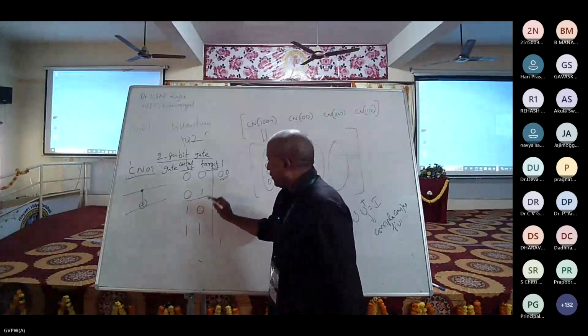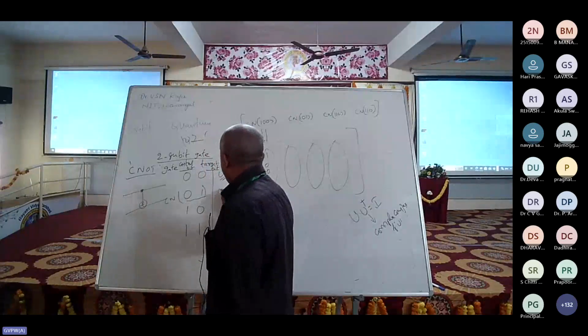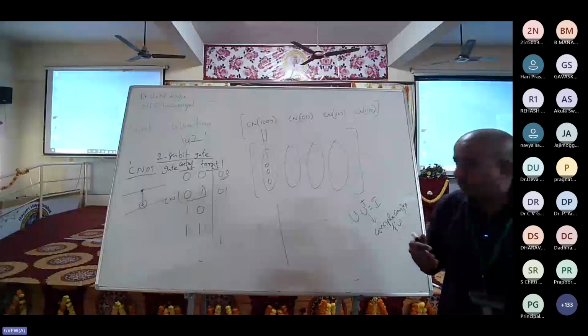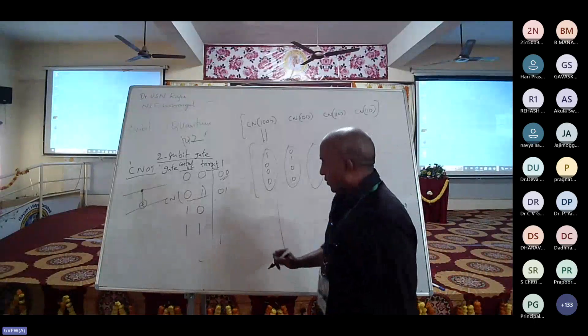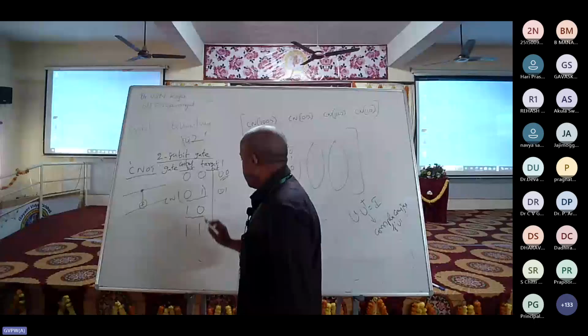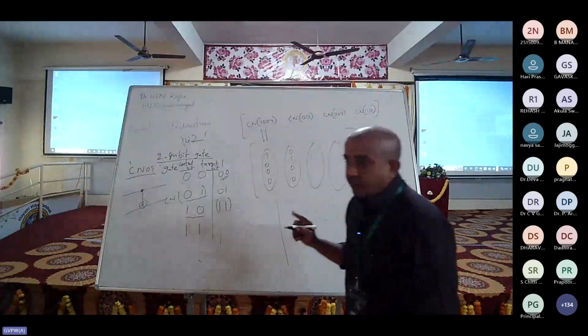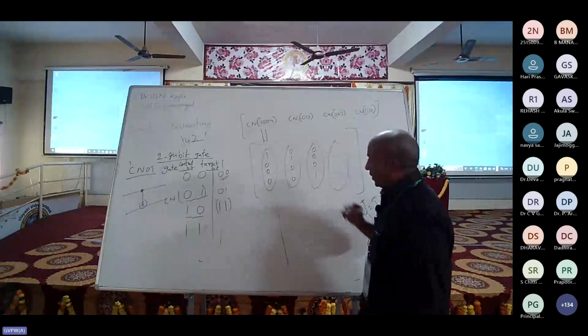Then what is the control-naught of 01? 01 only. What is the column vector representation of 01? 0 1 0 0. Okay. What about C-naught of 10? It gives 11. So what is the column representation of 11? 0 0 0 1.